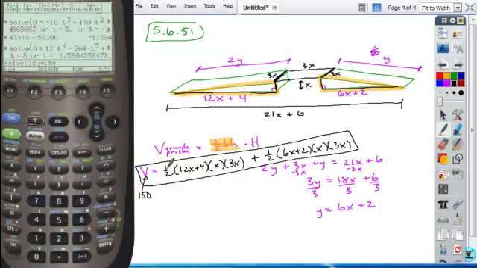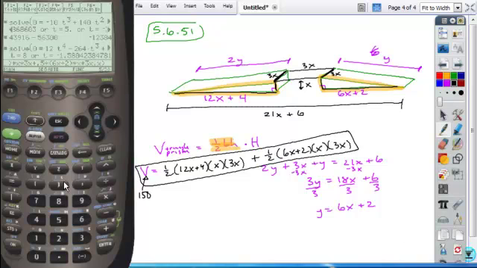So 1/2 times the quantity 12x plus 4 times x times 3x, and that's all going to be added to 1/2 times the quantity 6x plus 2 times x times 3x. And we want to solve this whole thing for x.